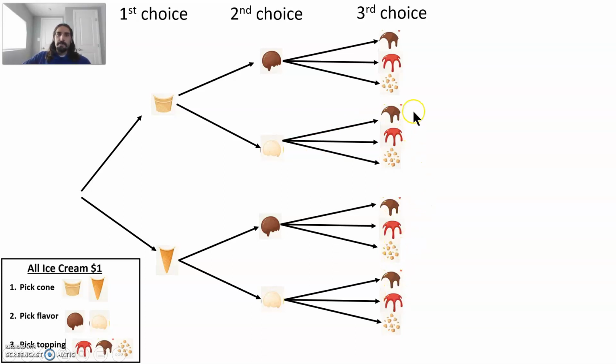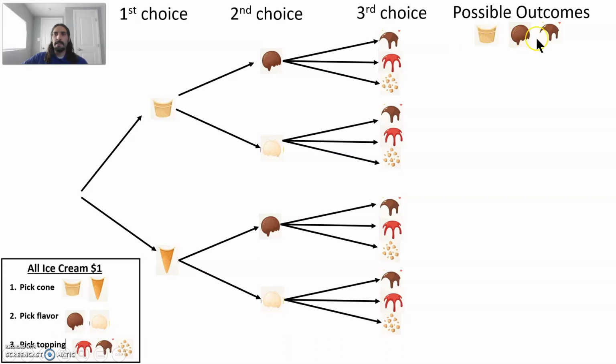So with that, we can look at this tree diagram and we can list all of our possible outcomes. And the way to think about a possible outcome is it's basically every endpoint of our tree diagram. So this top branch right here, I pick this particular cone, I pick chocolate ice cream, and I pick chocolate sauce, and this would be a possible outcome.